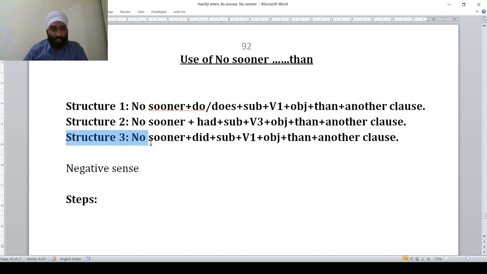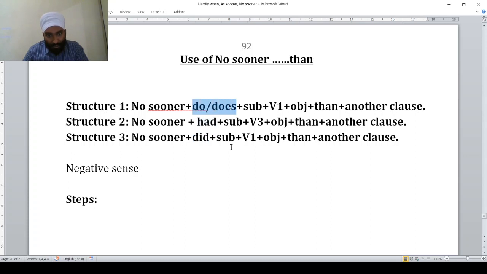In the third structure we can see no sooner did. Here we have used did, the remaining structure is the same, and this did represents simple past tense. So sentences will be given to you in different tenses, but depending upon the tenses you have to use these helping verbs.